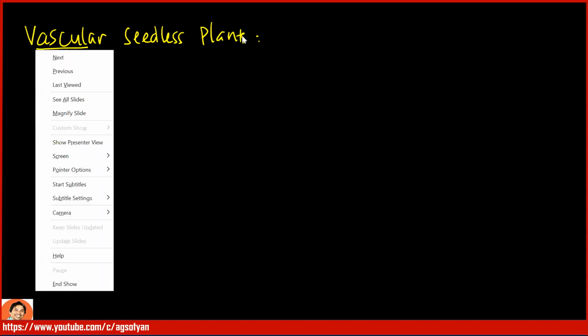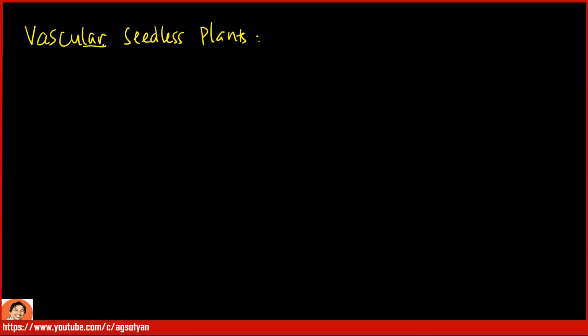So for the vascular seedless plants, from the name we know that these plants already have a vascular system. The vascular system is the same as a transport system.